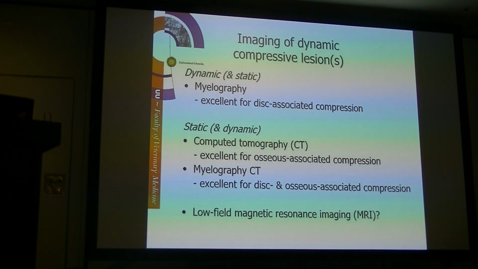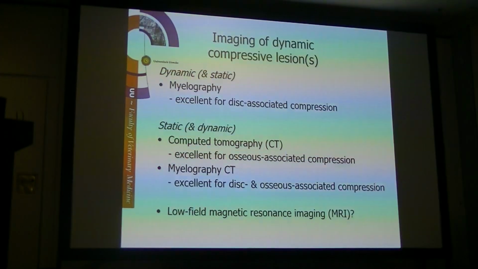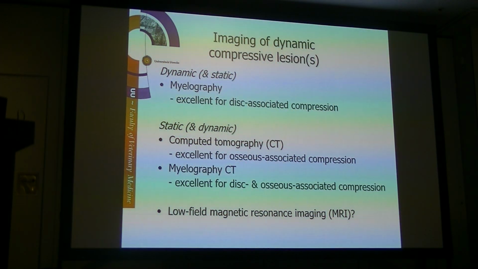And then you need a radiologist that is very willing to do these dynamic studies in CT or MRI to get you the dynamic information. Nowadays, MRI is more or less the standard way to diagnose this disease. And then we try to make a series of MRI with extension and one without extension.